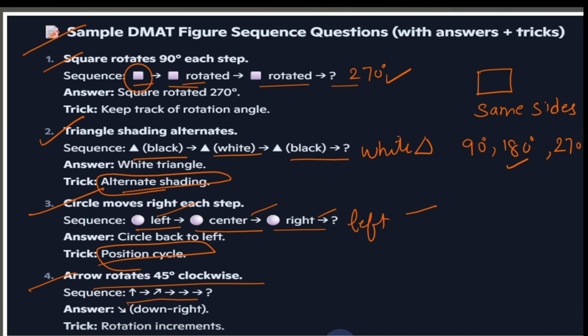This is the arrow. First it is like this, like 12. Then it's like 12, 15. Then it's like this. Then it's like this.